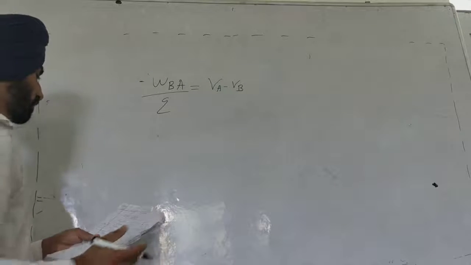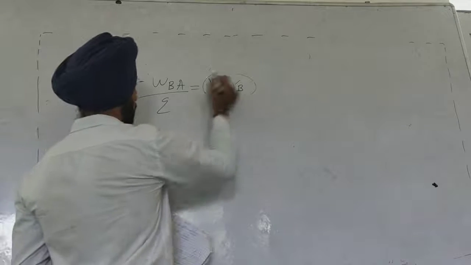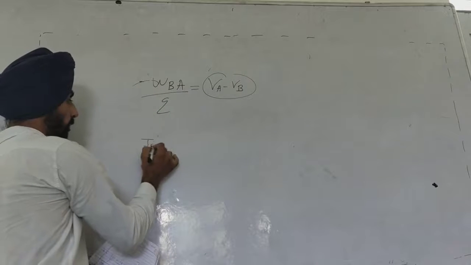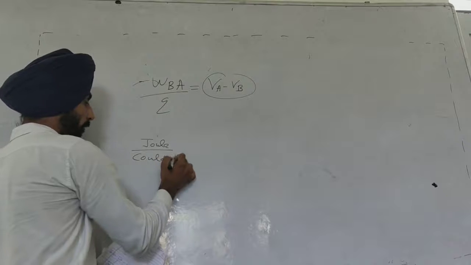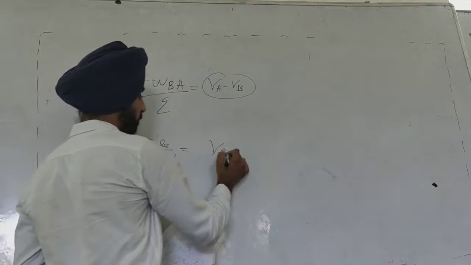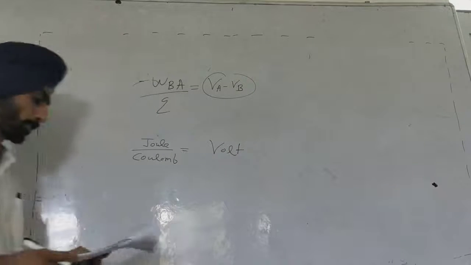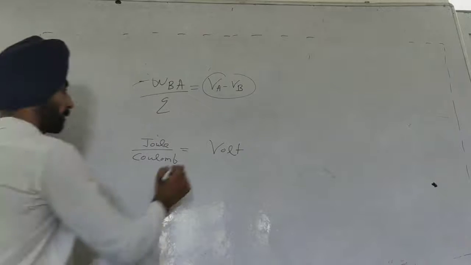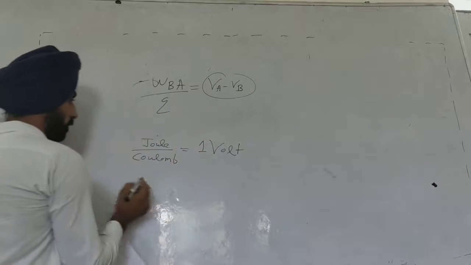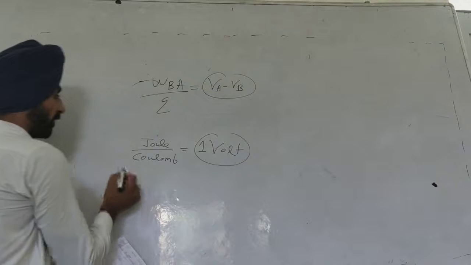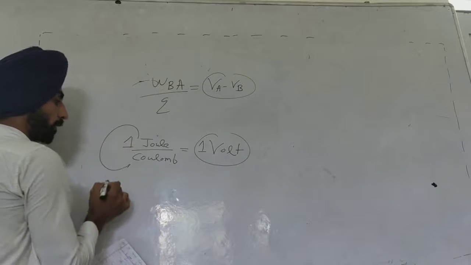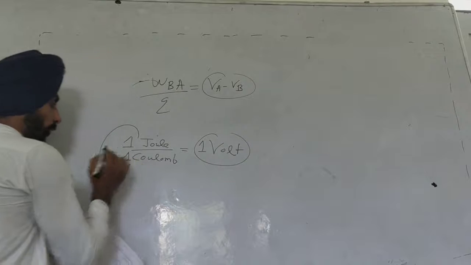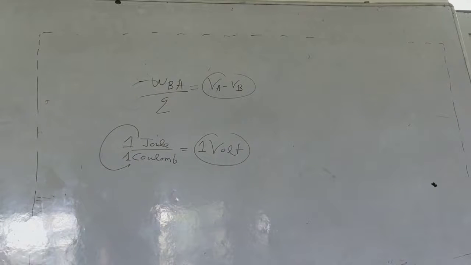So the unit of work is joule and the unit of charge is coulomb. The unit of potential is volt. So 1 volt is the potential difference when 1 joule of work is done in order to carry a charge of 1 coulomb from infinity to that point in an electric field.